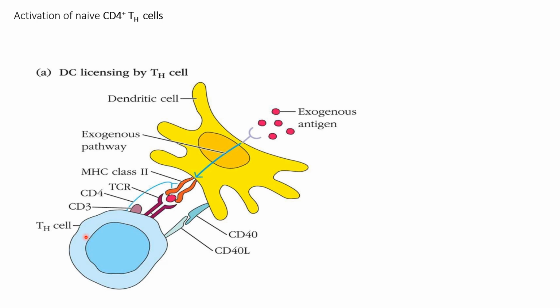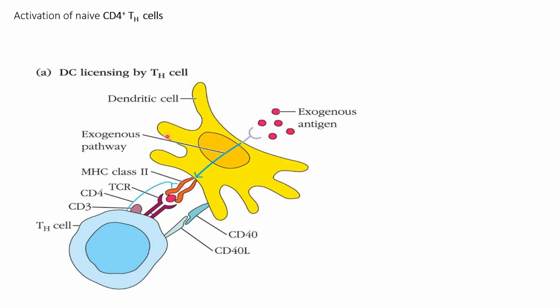And here is a T cell, a T helper cell, so that's CD4 positive. Here's a T cell receptor which recognizes the peptide in the MHC groove. We have some co-receptors here, and the relevant one to our discussion today, CD4, which is recognizing MHC class 2.